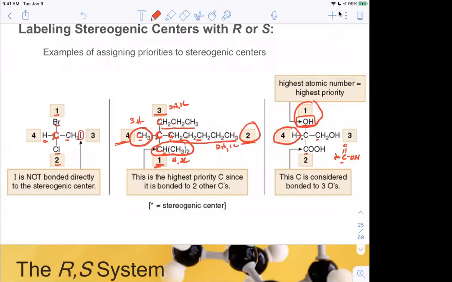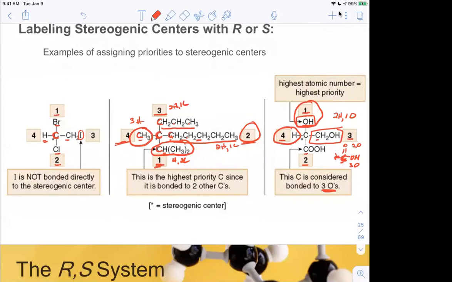This is my high priority because it's an oxygen. Now this carbon here has 2 oxygens and a 3rd oxygen. So that's going to be higher priority than this guy, which has 2 hydrogens and 1 oxygen. So I have priority 1, priority 2, priority 3, priority 4.